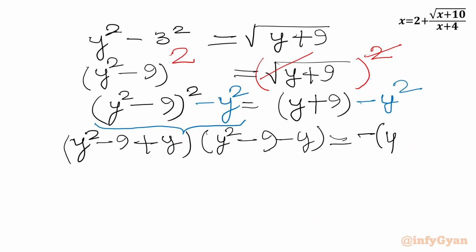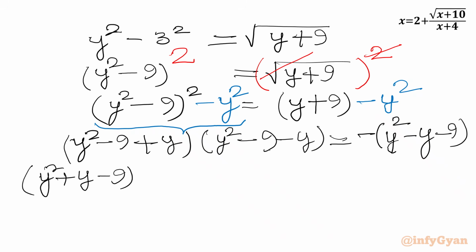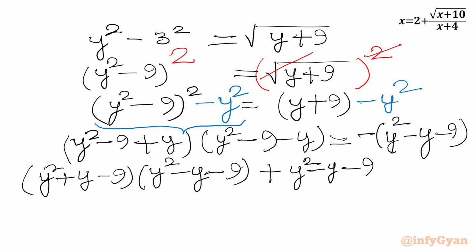So we can write y square minus y minus 9. Now we will write all the terms to LHS. We will write y square plus y minus 9 times y square minus y minus 9 plus y square minus y minus 9 equal to 0.